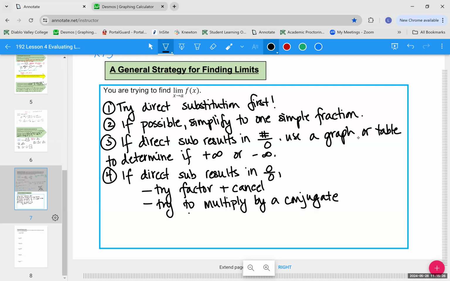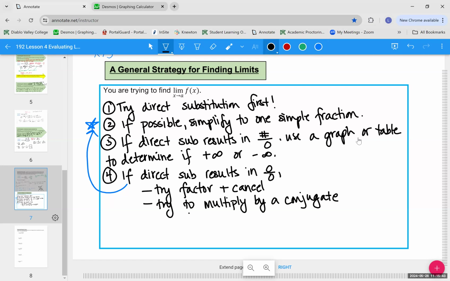And this is assuming that you have already done step 2, which is simplify it as much as possible. If you haven't done that yet, then you definitely want to do that as well.